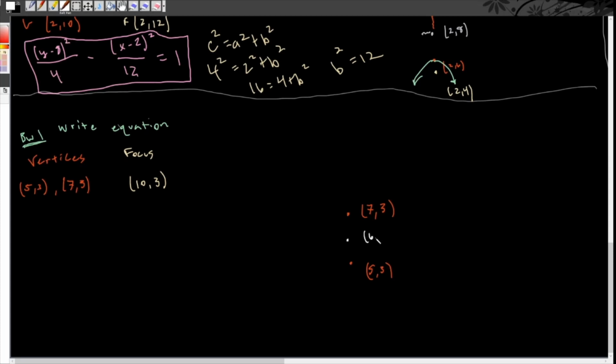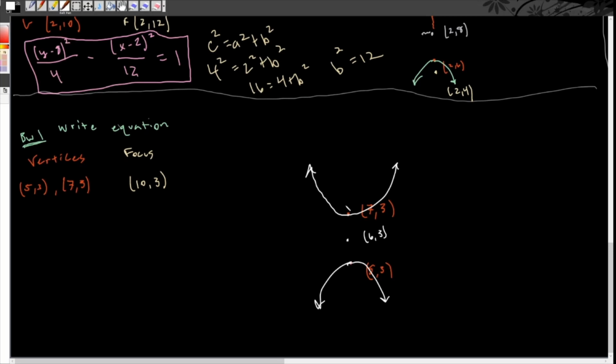And if these are the vertices, that means that the hyperbola goes straight through these.